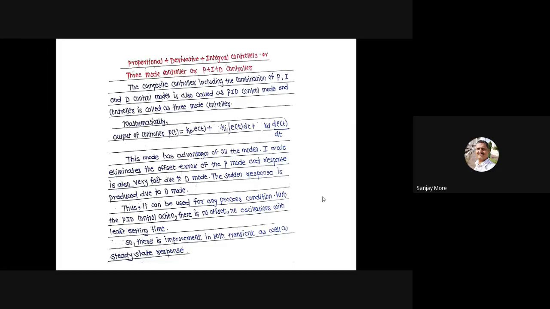The P mode gives a very fast response, and the D mode produces a sudden response.